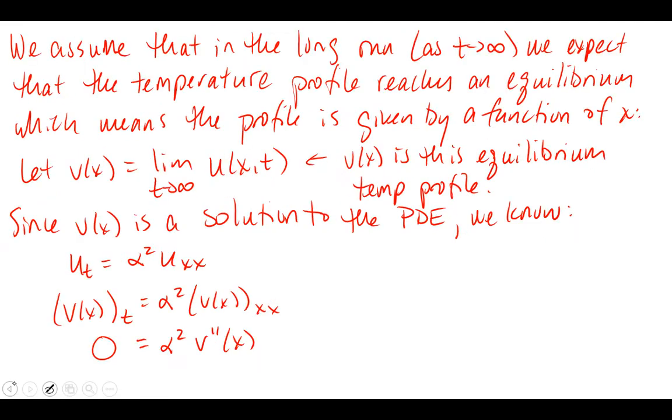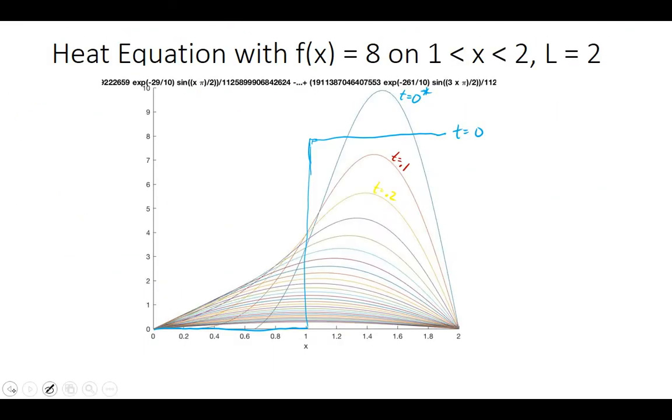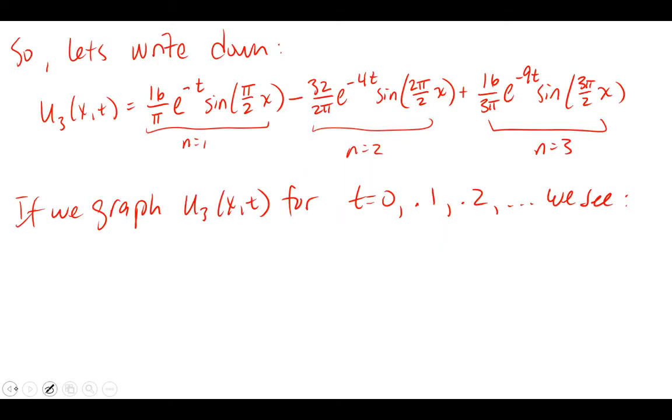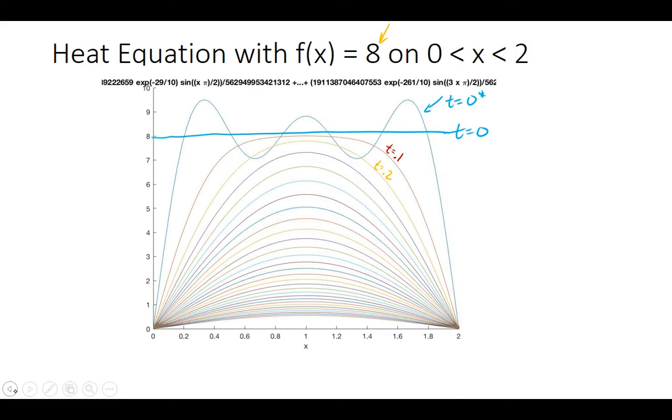You get something like one of these, probably a little more this one, but slanted, because the initial temperature profile is the equation of a line.